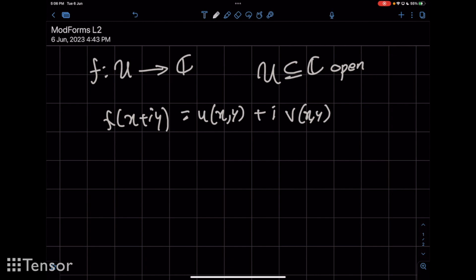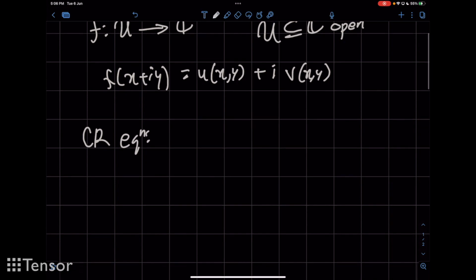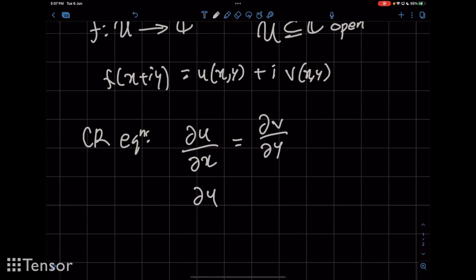Now, we had two equations which we named Cauchy-Riemann equations. That is, the partial derivative of u with respect to x is equal to the partial derivative of v with respect to y, and the partial derivative of u with respect to y is equal to the negative of the partial derivative of v with respect to x.